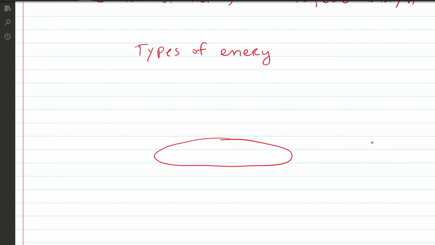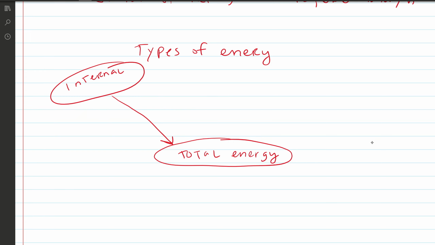All right, let's look at the types of energy. The different types of energy that we're talking about in this mini course will give us what's called the total energy. One type will be internal energy.